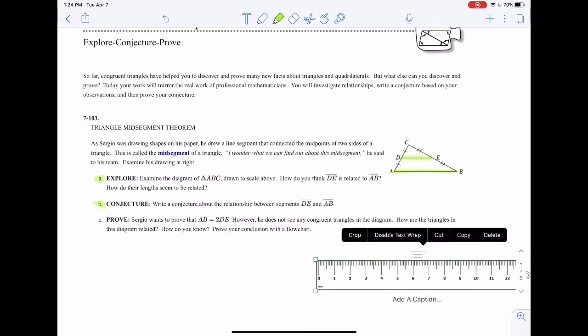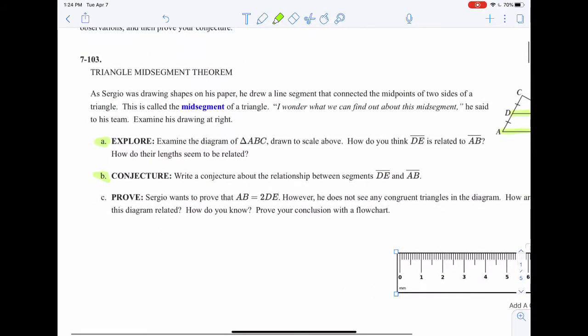So I'm going to conjecture that DE equals half the length of AB. I could also write this as AB equals twice the length of DE.